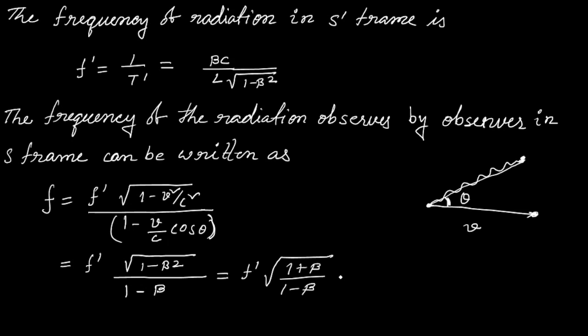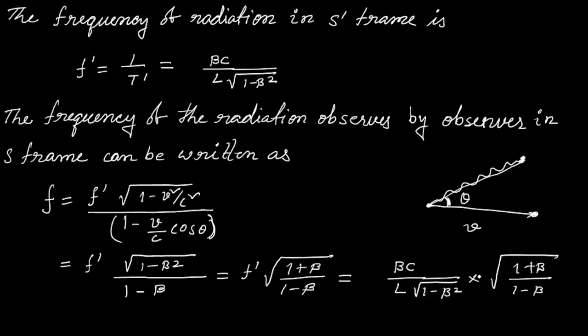So now if you put the value of f prime, finally we'll get the frequency of the radiation that will be observed by an observer in S frame, and that will be beta c divided by L, and then under root of 1 minus beta square into under root of 1 plus beta divided by 1 minus beta.